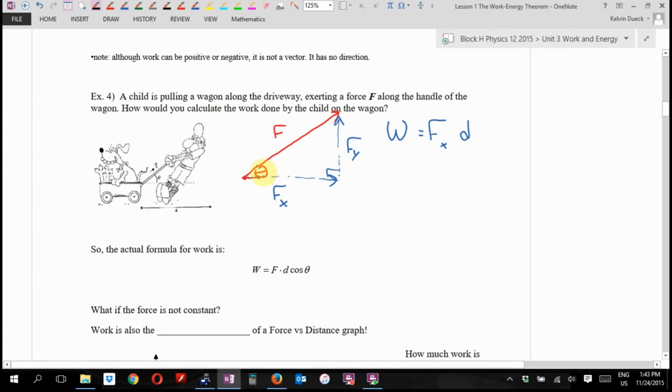But let's get an expression for Fx. Let's see. If this is theta here, F, the force that we know, opposite, adjacent, or hypotenuse? What about Fx? Which trig function? Cosine of theta, adjacent over hypotenuse.